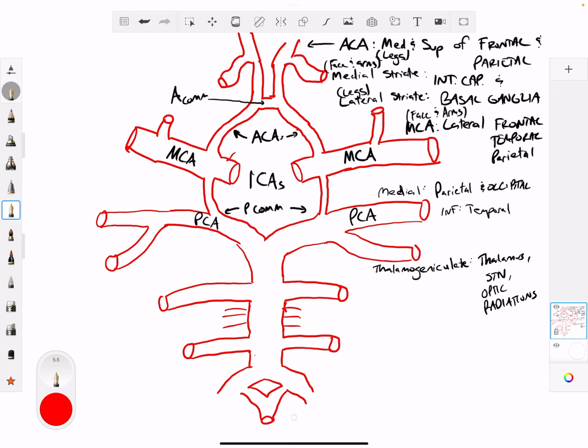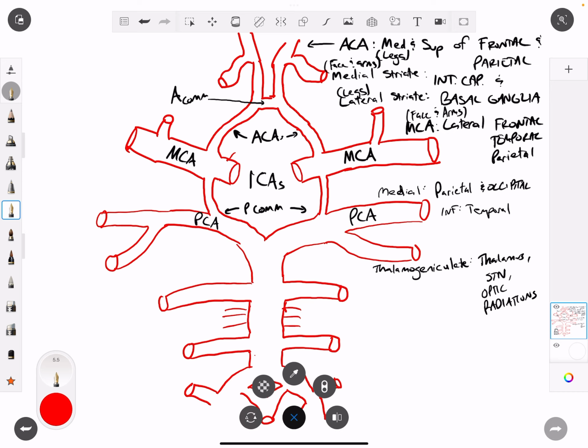And we need a couple of branches here. Let's get us a PICA coming off. And we probably need a little division here. Oops, don't know what happened there. All right, still doing it. Cool.